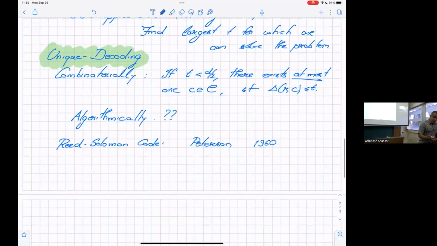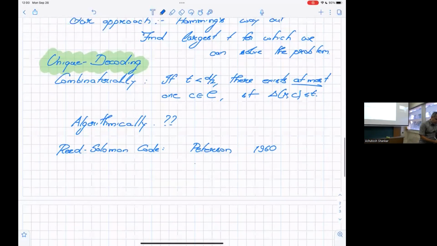And strictly speaking, Peterson did not solve it for Reed-Solomon. What he solved it for was BCH codes. The BCH codes we used last time were discovered even before Reed-Solomon.